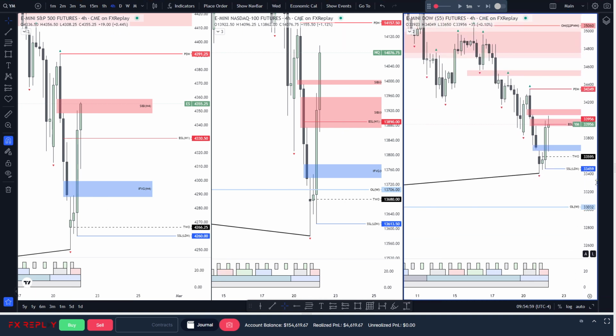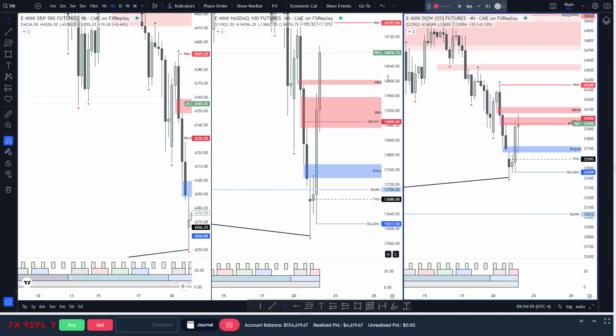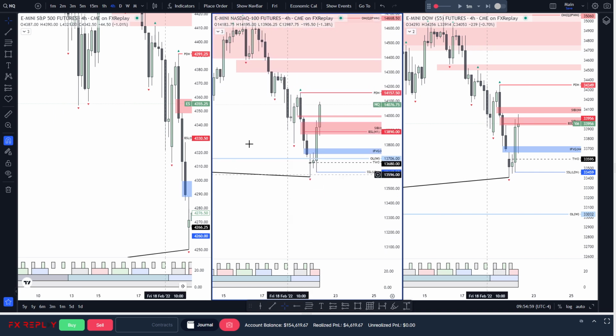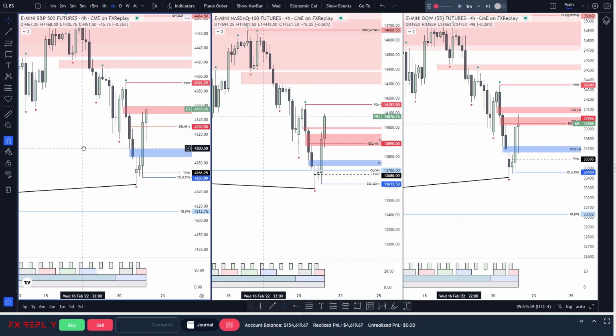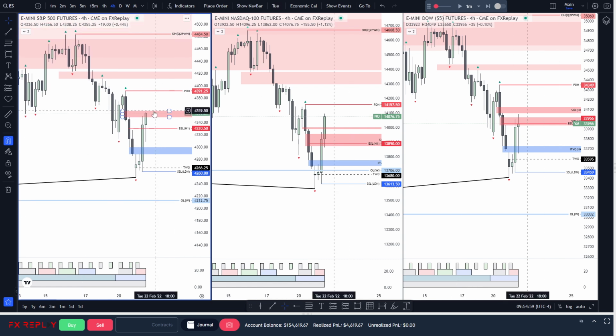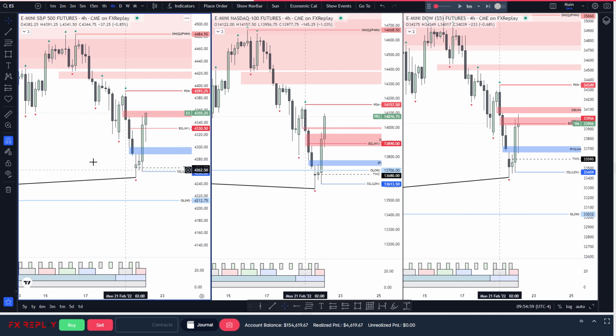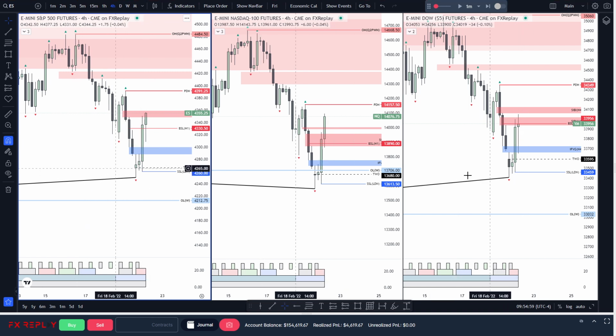So what we can see now, let me just adjust the charts for better viewing. Okay, so we can see obviously an expansion higher.